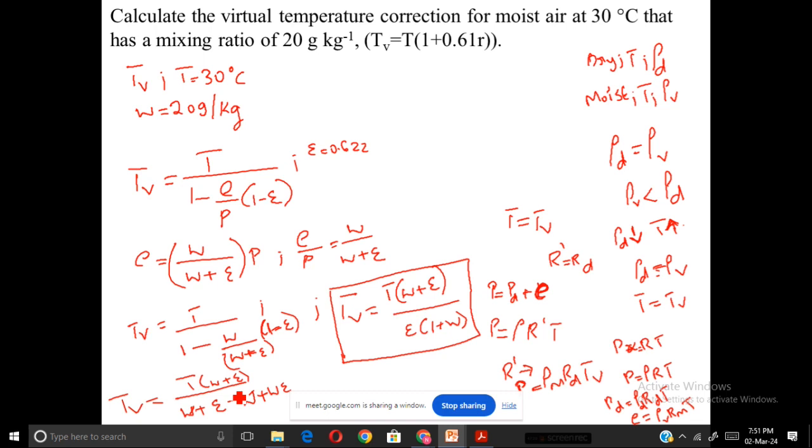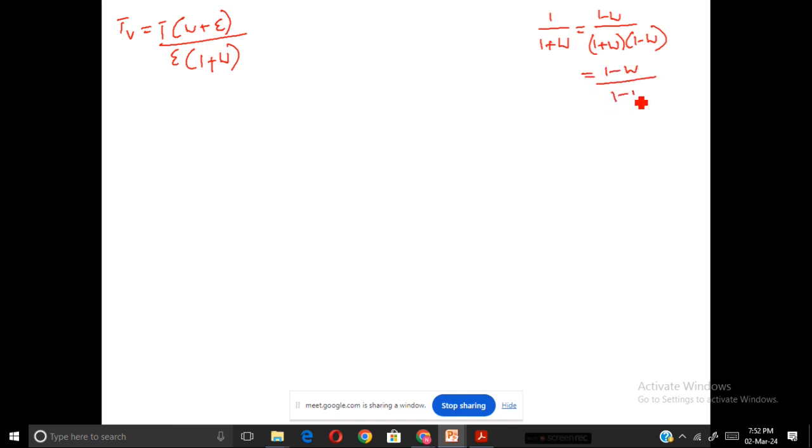Now, further simplifying it, the equation that we have now is TV, virtual temperature, is equal to T into W plus epsilon by epsilon into 1 plus W. So this 1 by 1 plus W can be written as, if we multiply 1 minus W in both the numerator and denominator, 1 minus W by 1 minus W square, using A plus B into A minus B equals A square minus B square.